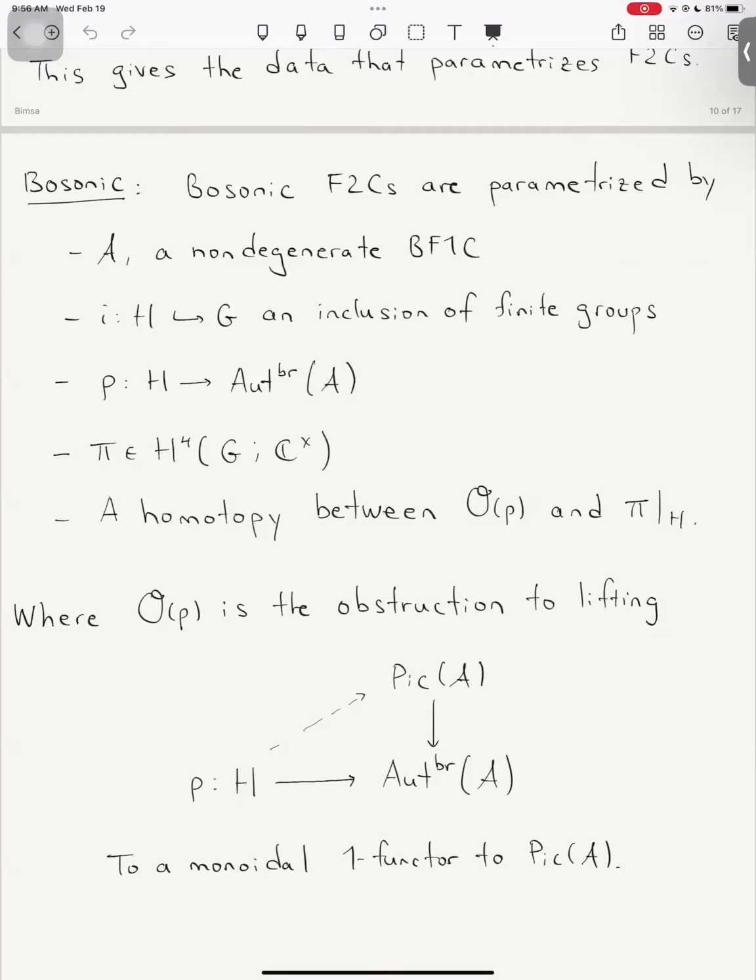Okay. And the other question I have is, is there some application of the theory of Fusion 2 categories to the theory of Fusion 1 categories? Can you say something about Fusion 1? Yeah.